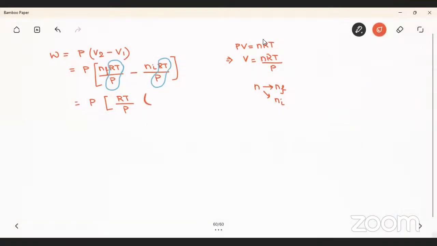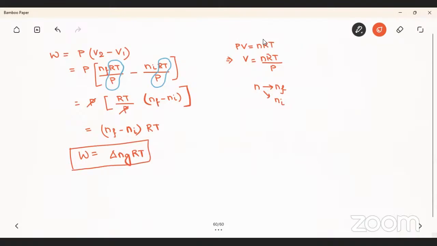So n final minus n initial stays. This P cancels out. n final minus n initial is called delta nG, so RT. Work done is delta nG RT. This is the derivation. Is the derivation clear to each and everyone now?